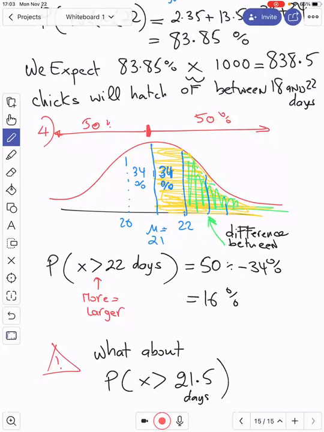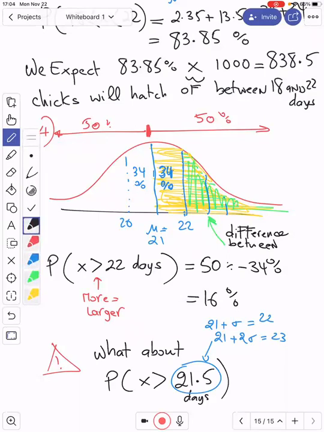The problem is that 21.5 is not equal to your mean plus 1 sigma, or your mean plus 2 sigma. So this is like 22, this is like 23. It's not a combination of the mean and the standard deviation. So the answer to this is going to be in the next sections.